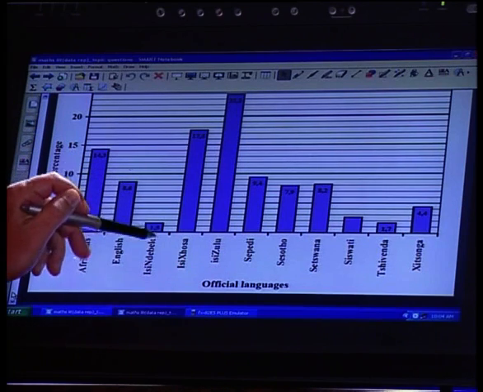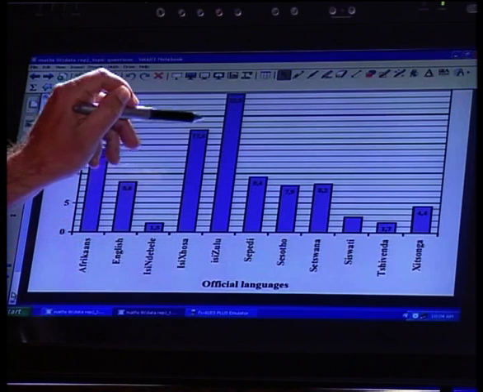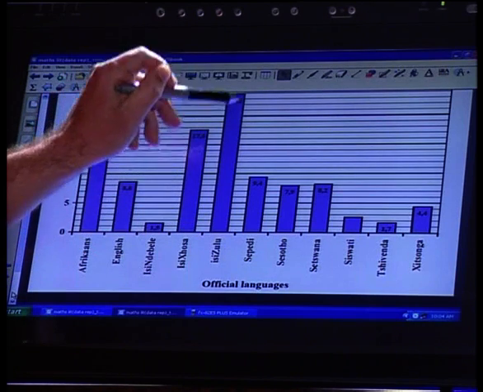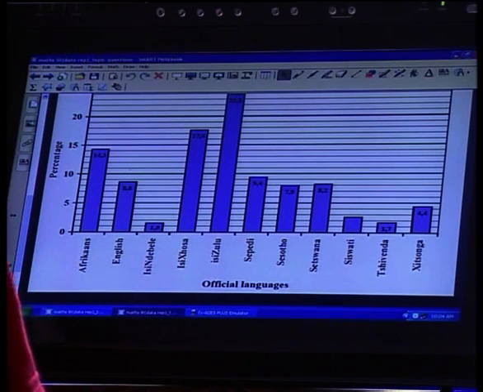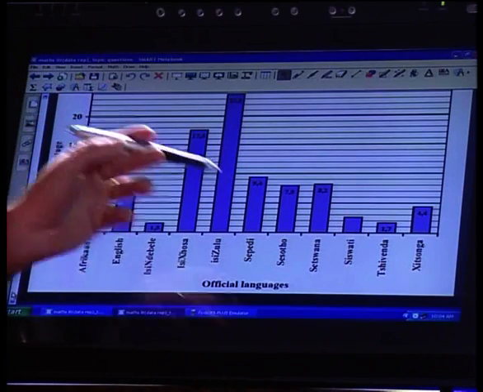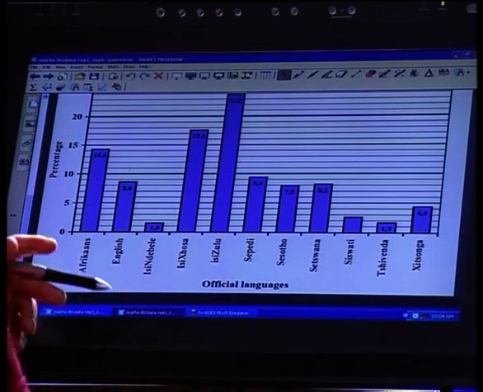And notice, this is why it's called a bar chart, these bars are separated by space in between the chart. So what we can assume straight away is that this data is not continuous data, but discrete data. In other words, each language does not follow on from the previous language.